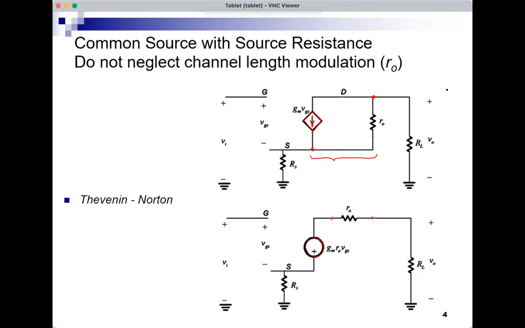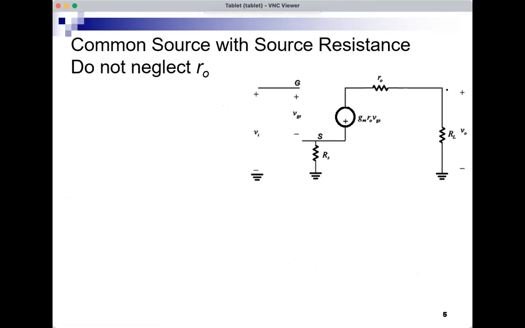And let's find the current in this loop. I have one voltage source and 3 resistors. So this is the current we're talking about in this loop. And the current, therefore, would be the voltage source divided by the sum of the 3 resistors. So the voltage source value is GM RO times VGS, divided by the 3 resistances, RO plus RL plus RS. So that's the current.